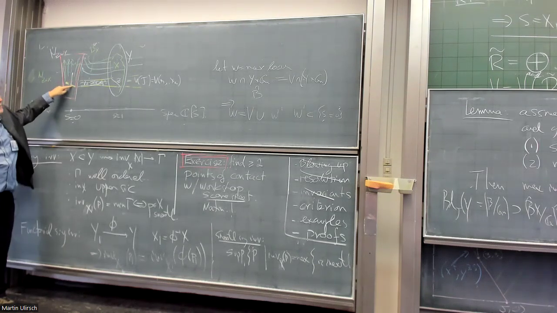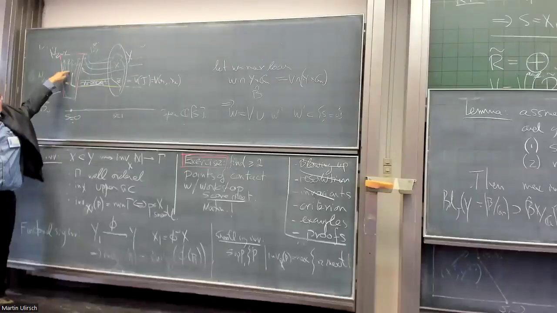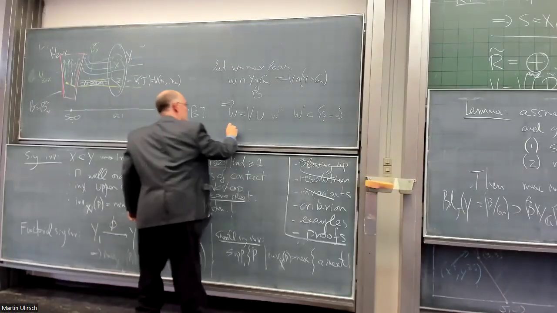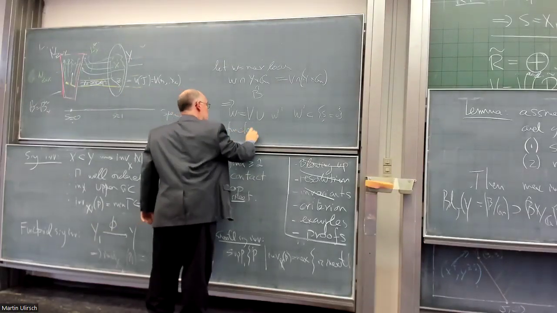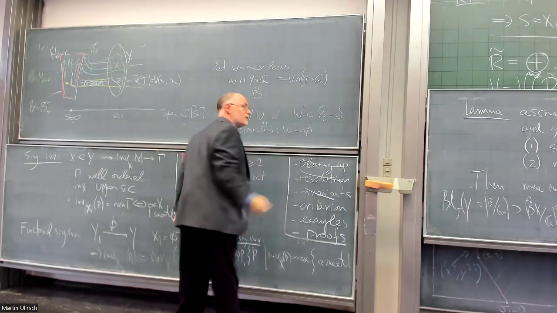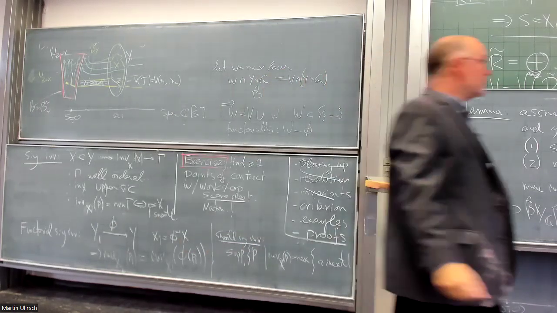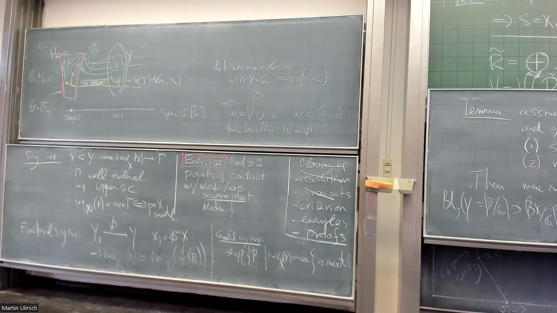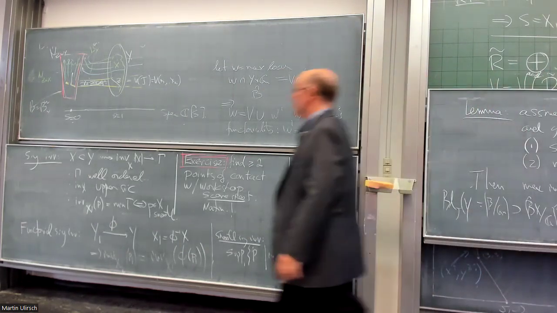And at this point, W will not be smooth. So there can't be extra components. So W has to be V, the vertex.